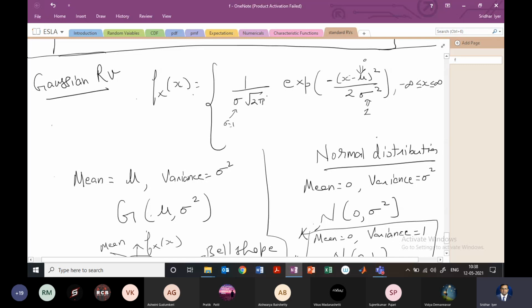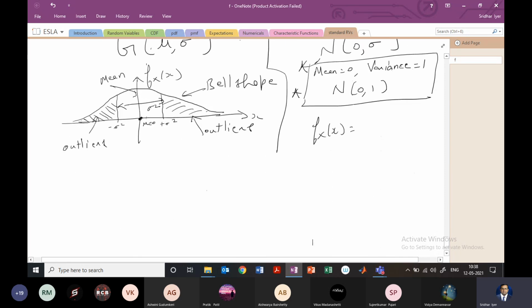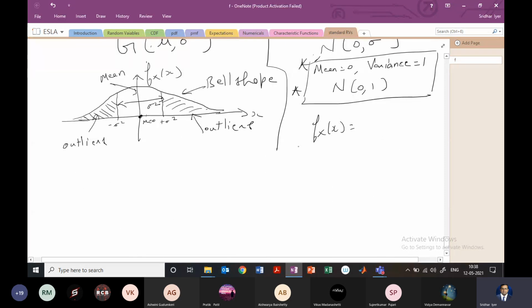So all we are left with is 1 by root 2 pi exponent of minus x square divided by 2, right? So for the normal distribution where mean is 0 and variance is 1, the PDF is very simply 1 by root 2 pi e raised to minus x square divided by 2, and this all happens for minus infinity less than x less than infinity.